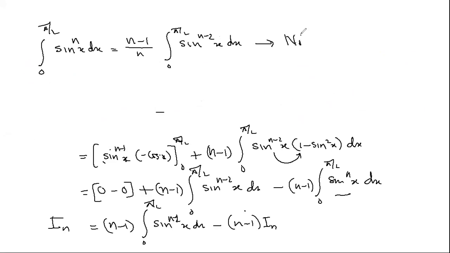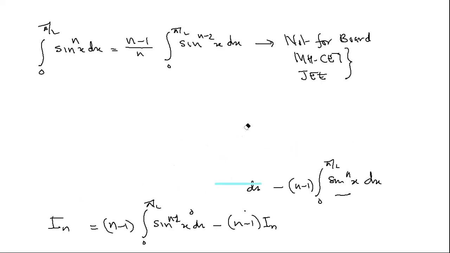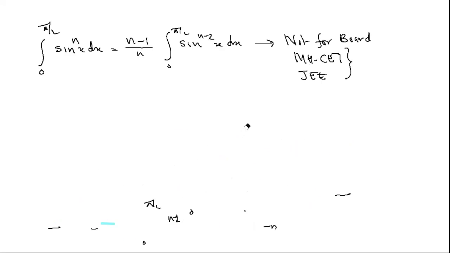Don't study this for the board exam, it's a waste of time. It's for MHCET and JEE, remember the formula. This formula is enough for us to remember. But if I forget this formula, I derive it whenever I forget. So let's derive it once ourselves, but not for the board exam, just for remembering.